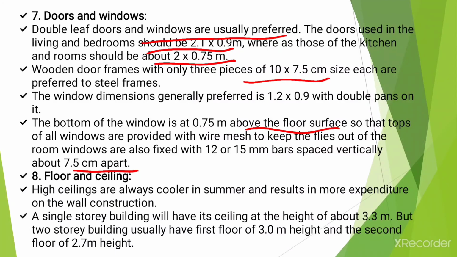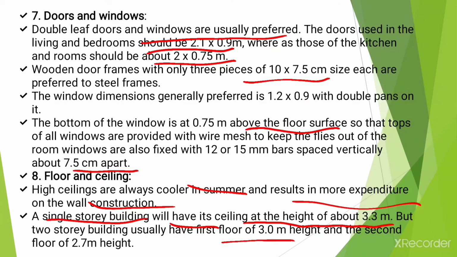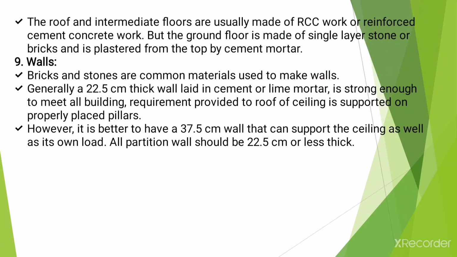Then specifications for the floor and ceiling. High ceilings are always cooler in summer but result in more expenditure on wall construction. A single story building will have its ceiling at a height of about 3.3 meters, but a two-story building usually has the first floor of 3 meters height and the second floor of about 2.7 meters height.